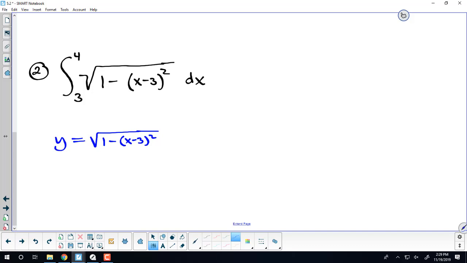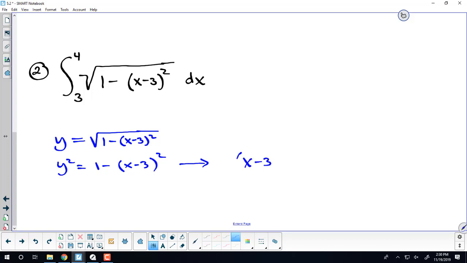So if we looked at it as y equals this function, what happens when we square both sides? Maybe that's not that helpful, but what if we put x and y together on the same side?